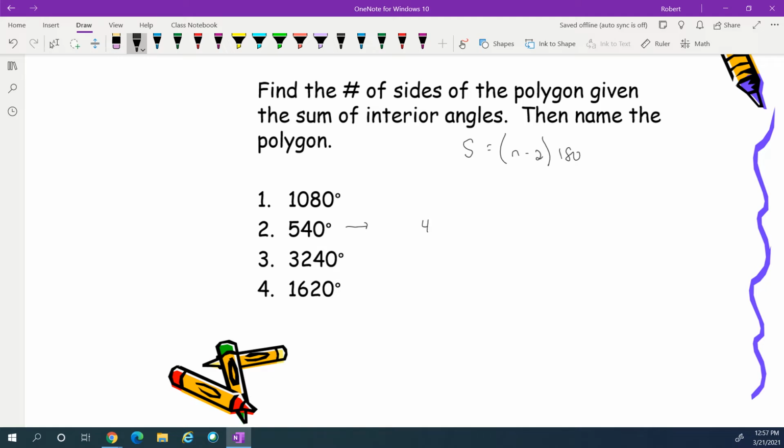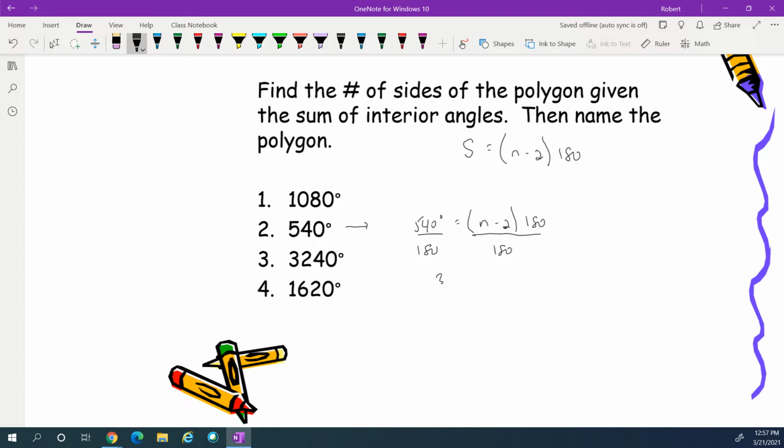That's the sum of the angles, n minus 2 times 180. So we're going to do some algebra here. You can do this by distributing the 180 and then solving for n, or you can divide by 180. So remembering our algebra is going to be very helpful.